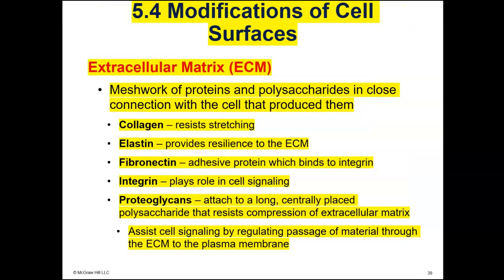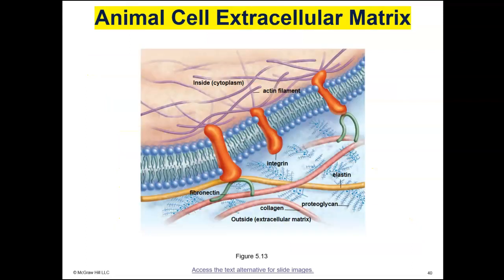Now, the section on modifications of cell surfaces talks about structures that are inside the plasma membrane and outside the plasma membrane that have different functions. We're going to skip this part, but I'll mention a few of them.